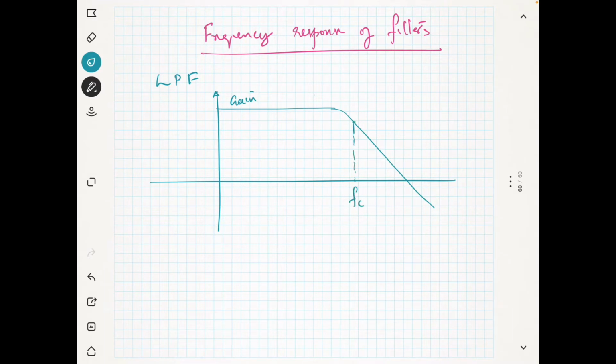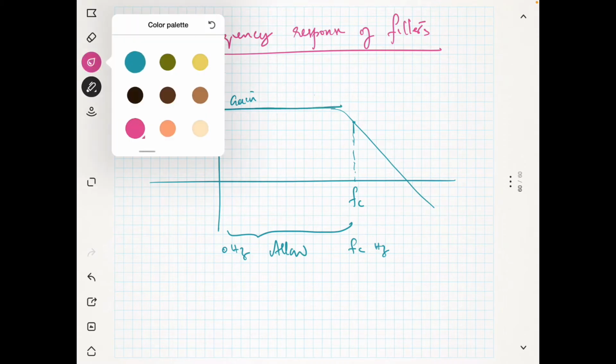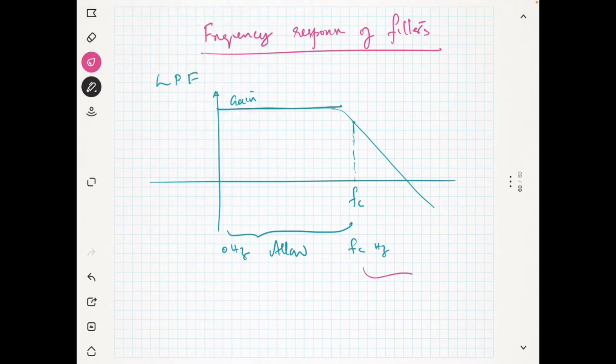It allows all the frequencies from 0 hertz to Fc hertz, and there is a gain here. After Fc the gain is very small, that means it is not allowing.